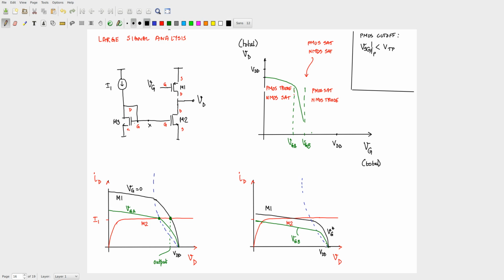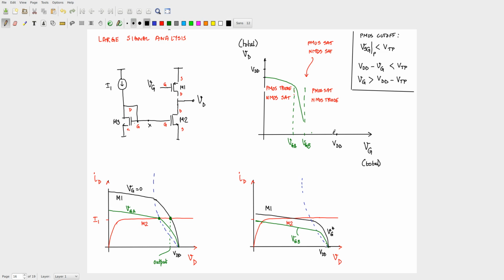And what is that? VSG is VDD minus VG, less than VTP, which means your VG must be greater than VDD minus VTP.